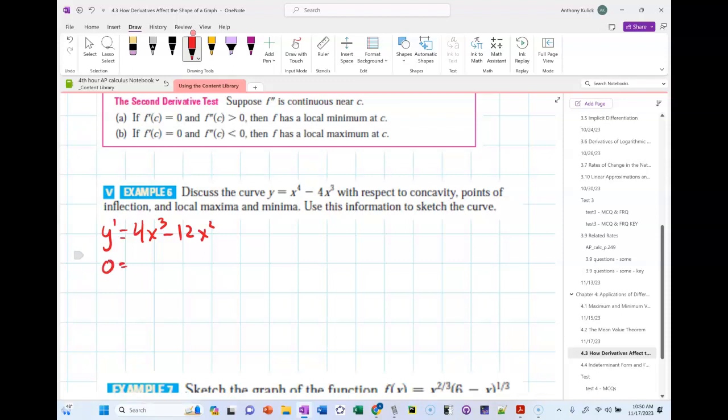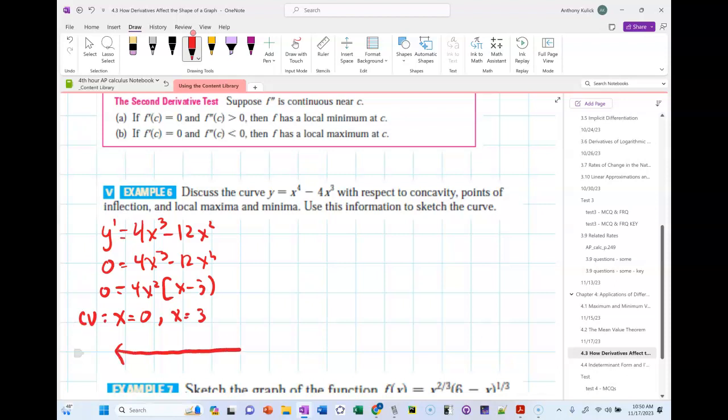If I take that derivative and set it equal to 0, I can factor off a 4x squared. So I have 0 and 3 as my critical values. Obviously, there's no place where this function is undefined because it's a polynomial.